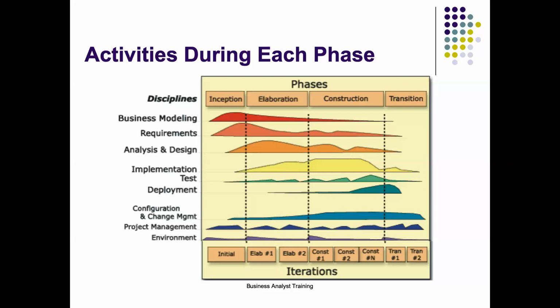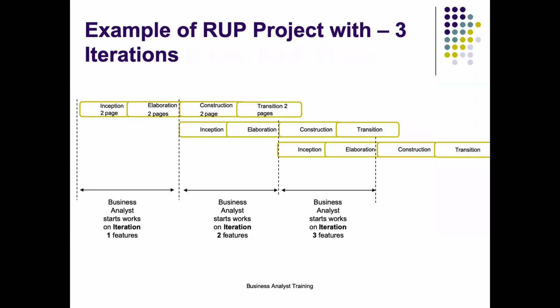If you take the same example in RUP, right? So in RUP, what we will do is we will break the entire scope of the project into different iterations. So the iterations would be we will be repeating things again and again. So let's say this is one iteration of the project. We will divide the whole 10 months of work into, let's say, three iterations, right?